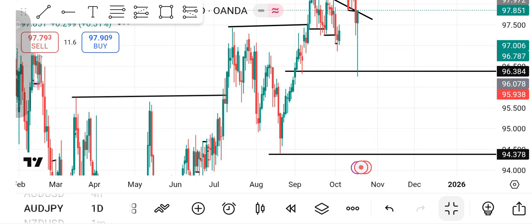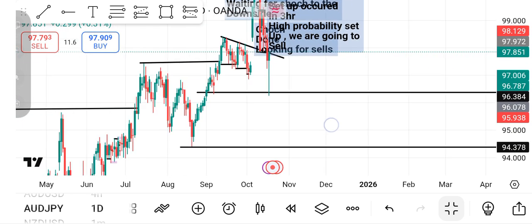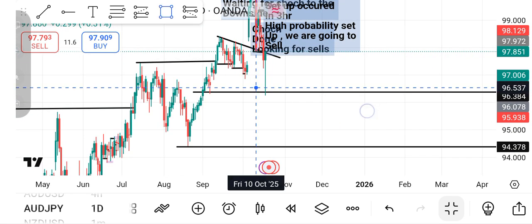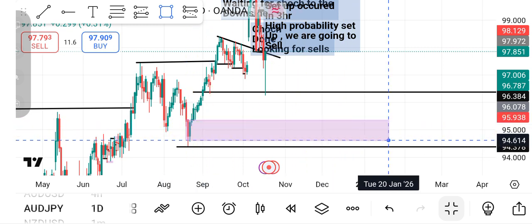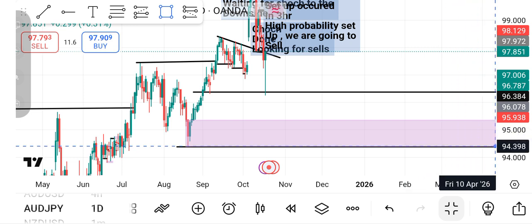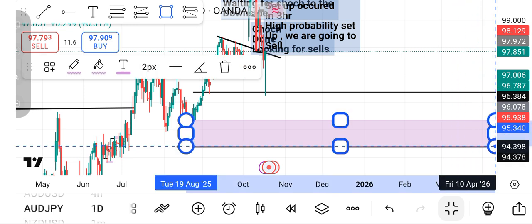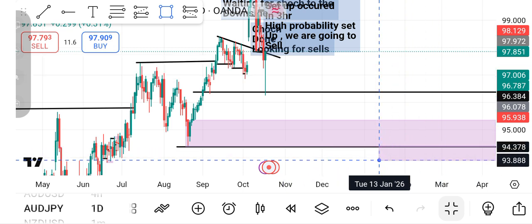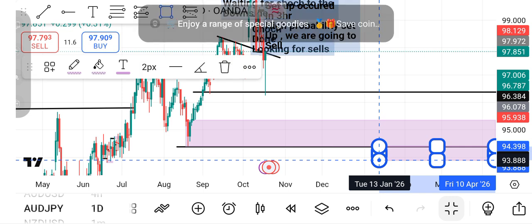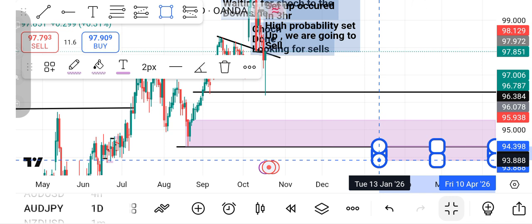So I'm going to sell until price comes to the discount zone. All right. So that is how I do my top-down analysis. Okay, that is how I do my own top-down analysis.